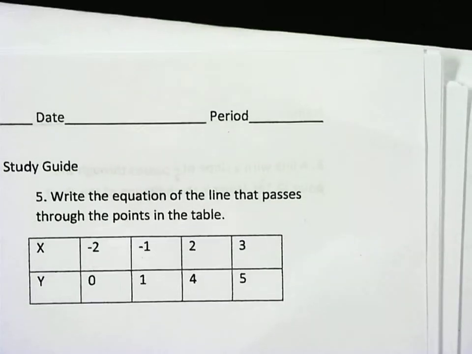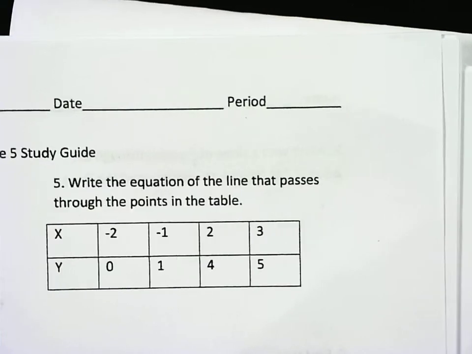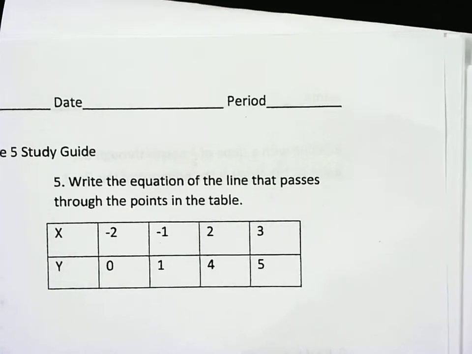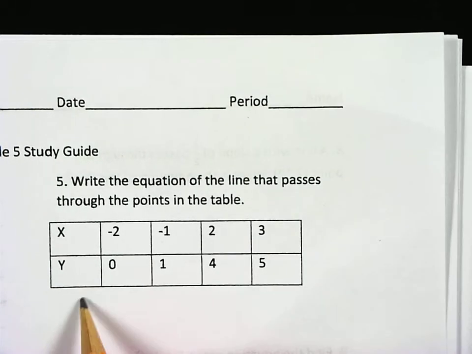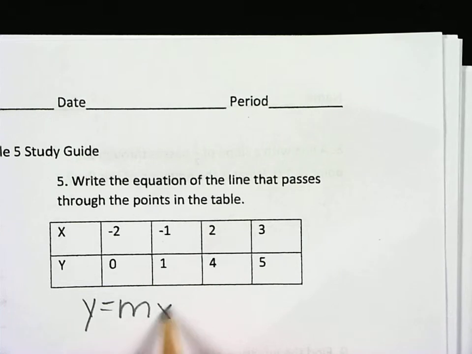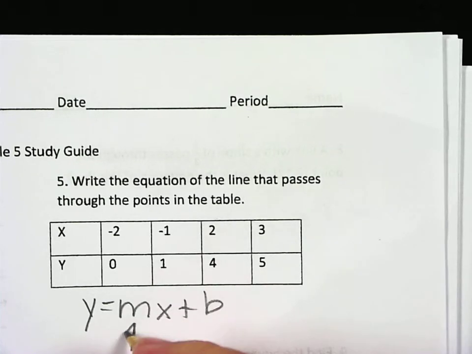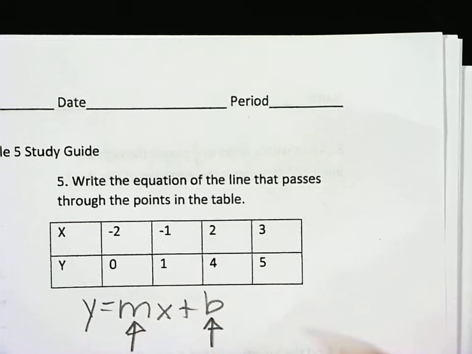All right, let's look at number 5. Write the equation of the line that passes through the points in the table. So we can figure out the slope. Okay, we need slope and y-intercept to write our equation.